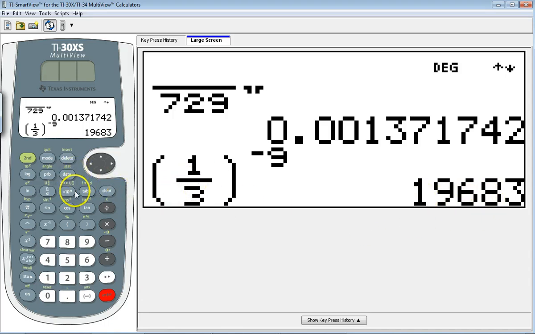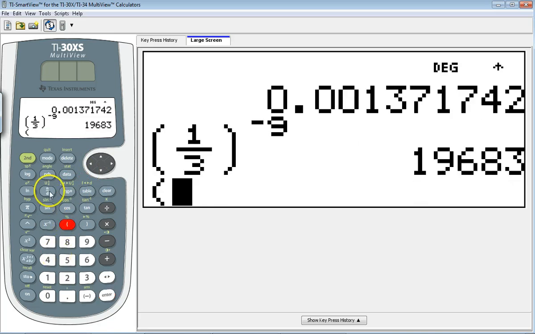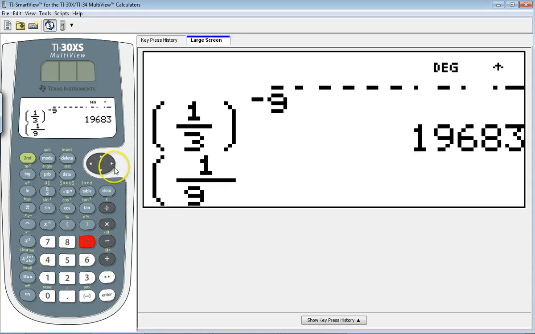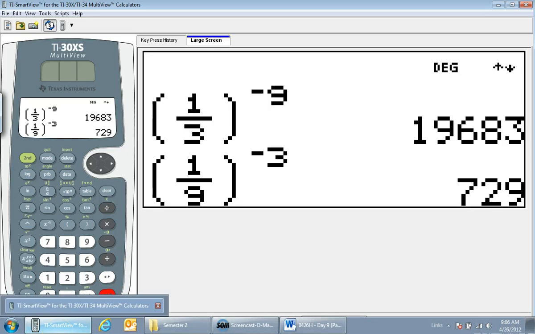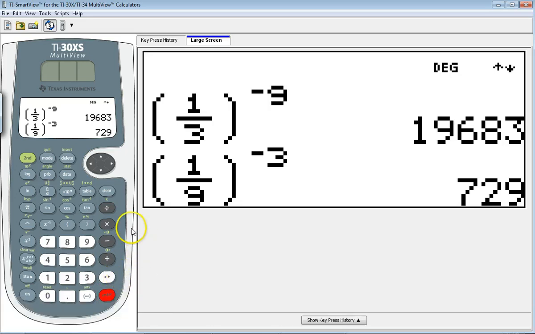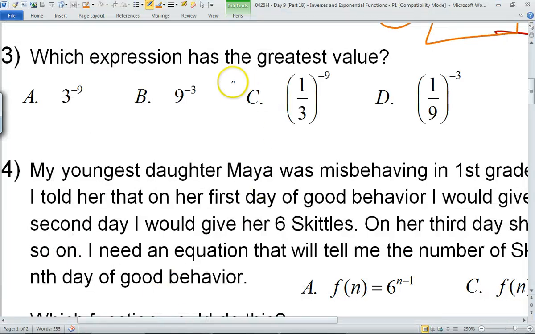What's the last one? 1/9 to the negative 3rd power. Okay, so what was the biggest value? A, B, C, or D? C. Okay, so C was the biggest. So you could just use your calculator to answer that question.